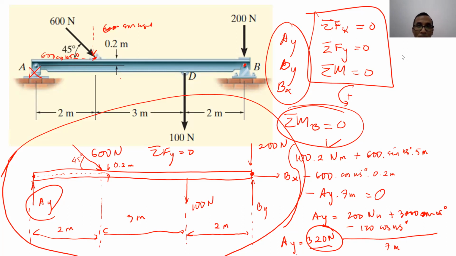Yes, sir. You can only say that when there is only one reaction force in that direction, like Px. But if we have two forces like Ay and By, the total of both will be the same as the total of all other vertical forces, in the opposite direction. Yes, correct. Okay. Thank you, sir.